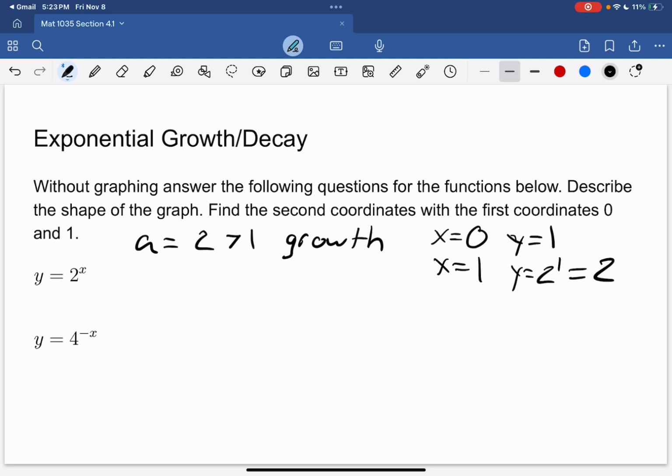Okay. For our second example here, we have 4 to the negative x. One thing to remember about the powers of negative exponents, right? This was our power rule that we referred to in our exponent section.